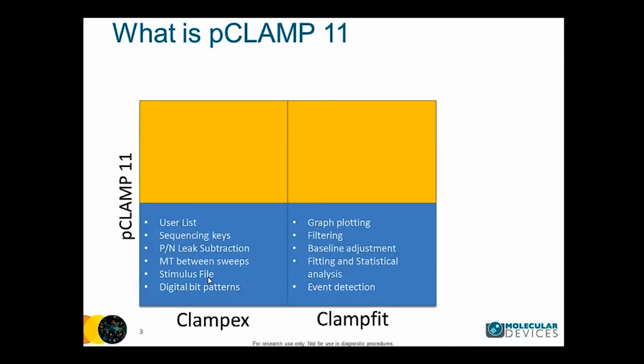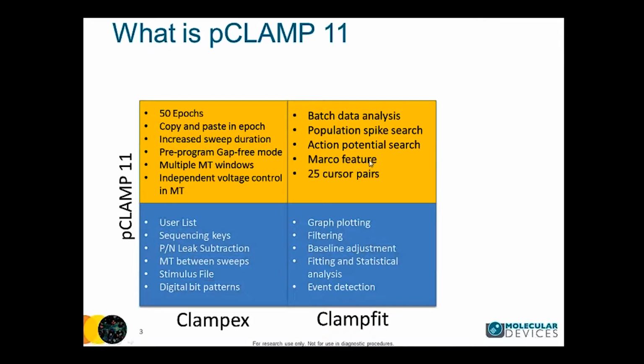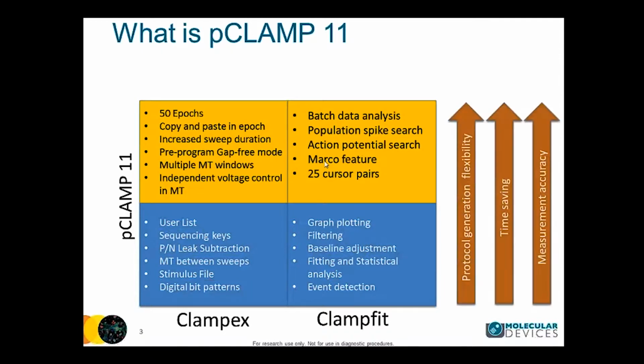Now, in pCLAMP 11, we add new features in Clampex 11 and also in Clampfit 11. I will talk about these two in the next couple of slides. The goal is to increase protocol generation flexibility, save time, and increase measurement accuracy.